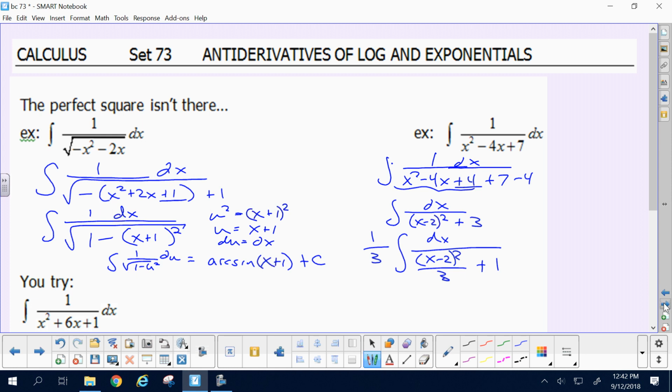How are we doing? So that means x squared equals x minus 2. Not root 3. Oh, for when you take the square root of it.